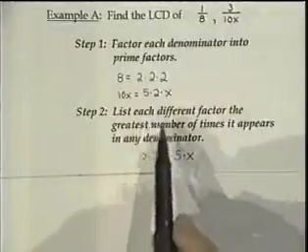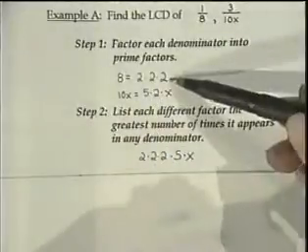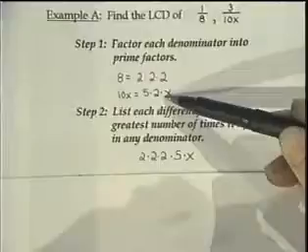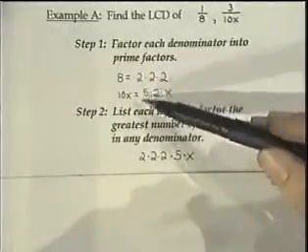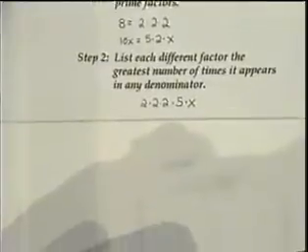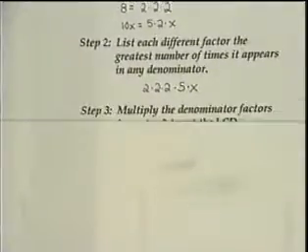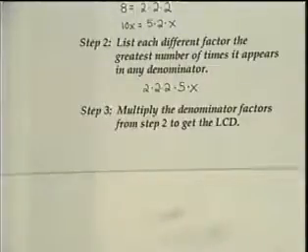So what I've done now is I've listed each different factor the greatest number of times it's appeared. The 2's appeared 3 times here and only once here, but I take the greatest number, which is 3 times. The 5 only appeared once, and the x only appeared once. We can now move on to step number 3. Step number 3 says, now let's multiply the denominator factors from step 2 to get our LCD.